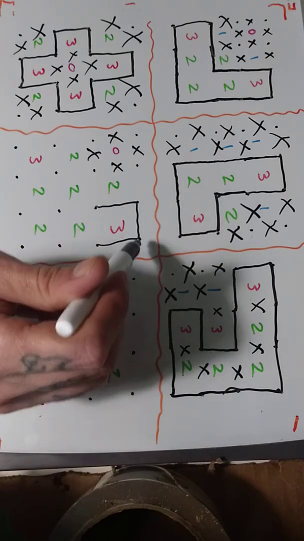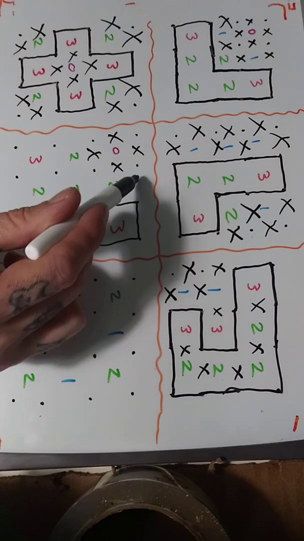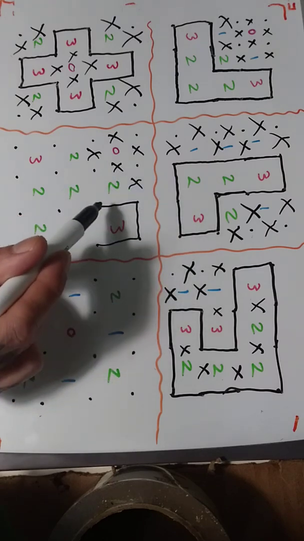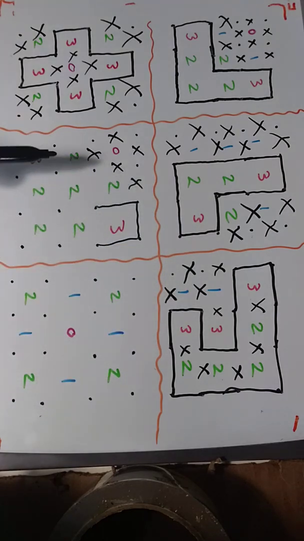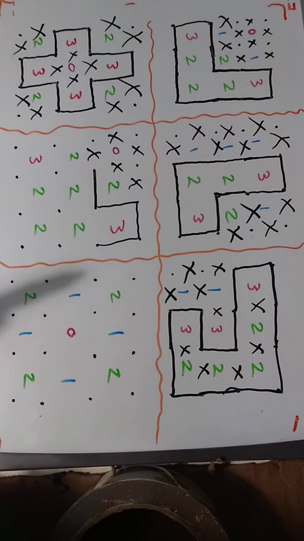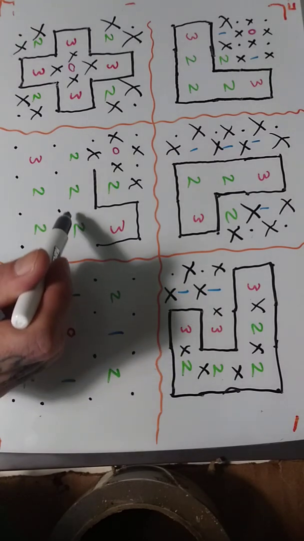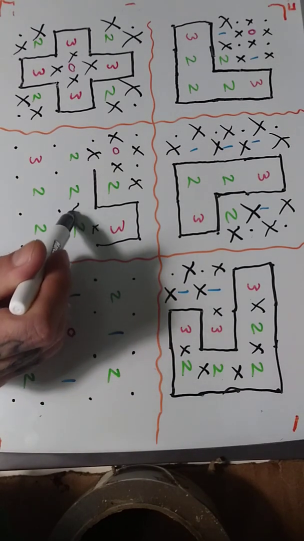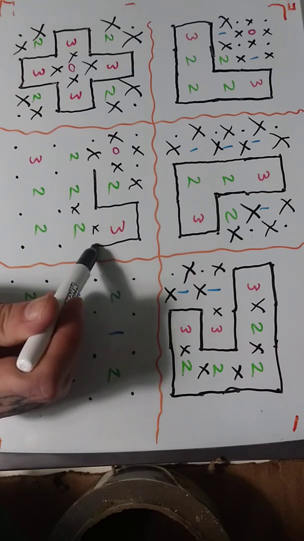We can't go up or the other way. So we can't go up there. So we're gonna need a second line here. And then this one we don't have there, we can't go here. So we have to go down.